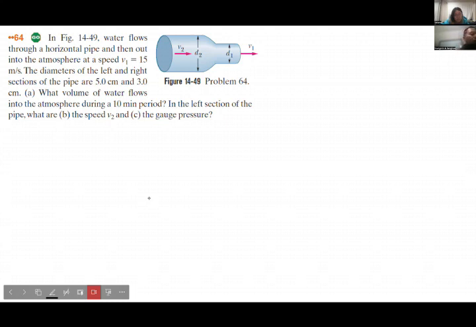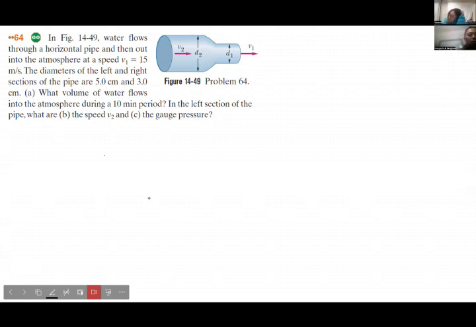So let's take a look. The water flows through the horizontal pipe and then out into the atmosphere at a speed of 15 meter per second. The size of the pipe varies along the streamline, so you have to consider the variation of velocity of the water as well as the cross-sectional area.